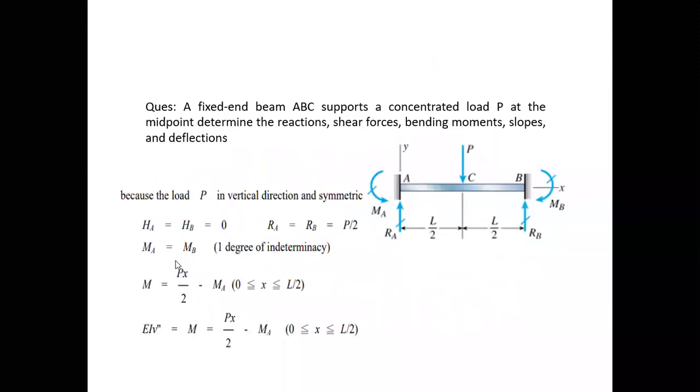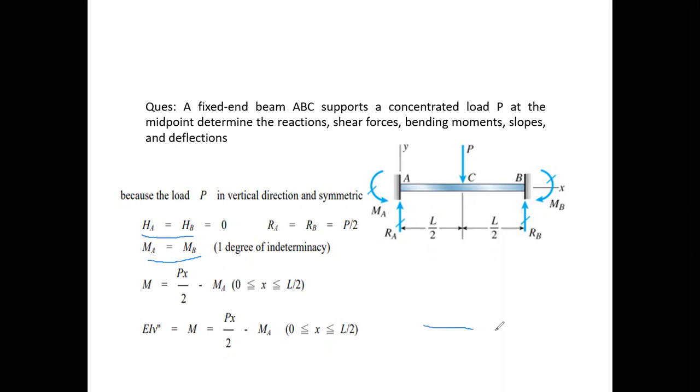Due to symmetry, all these things happen. Just a second. Due to symmetry, this HA was equal to HB. Also, this MA was equal to MB.